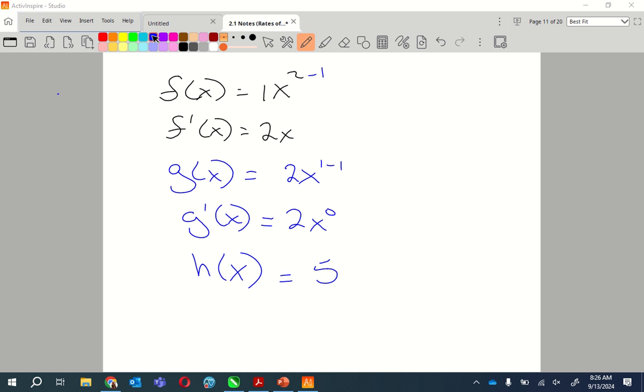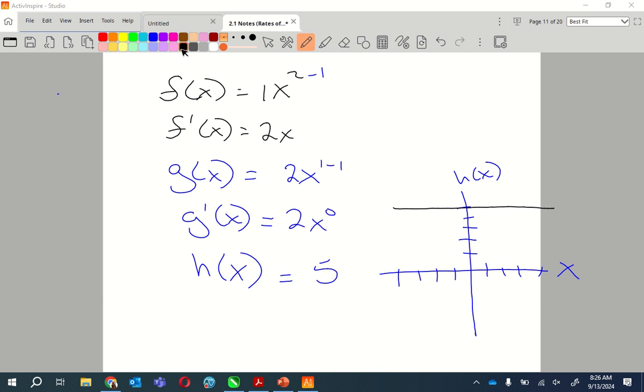So if I graph this h of x, this is my x. So if h of x is 5, that is a horizontal line right here.